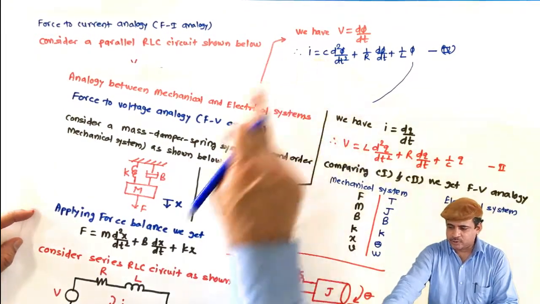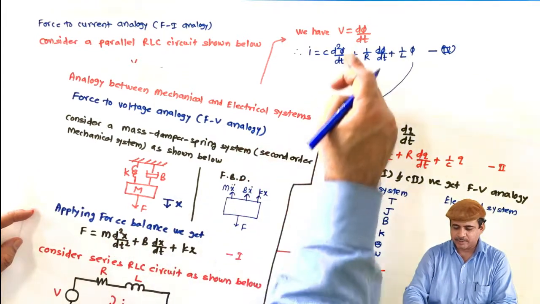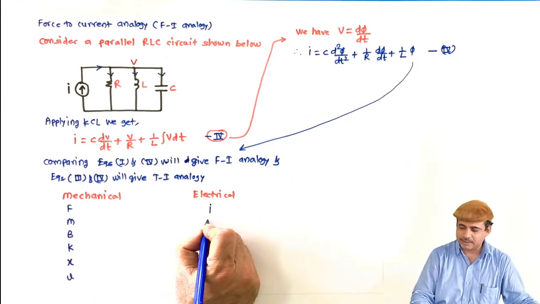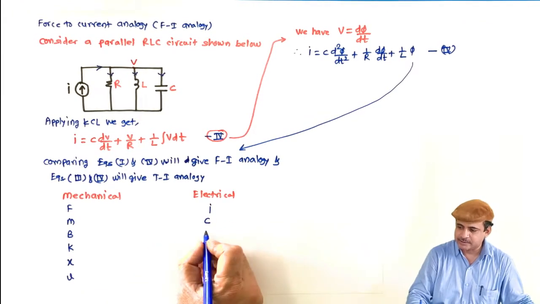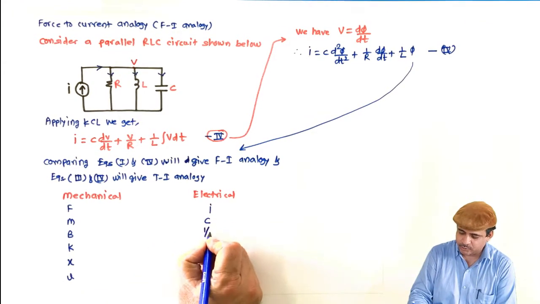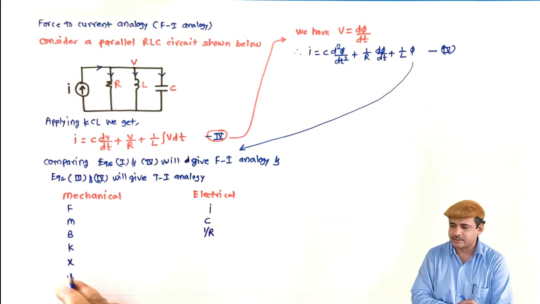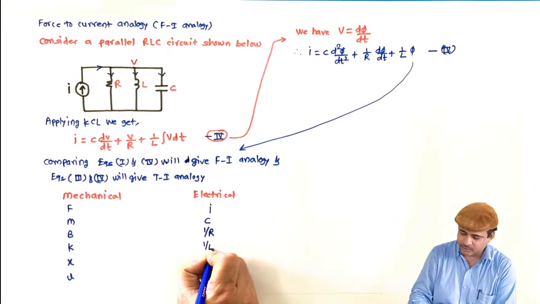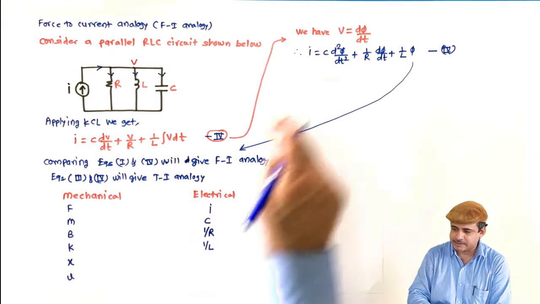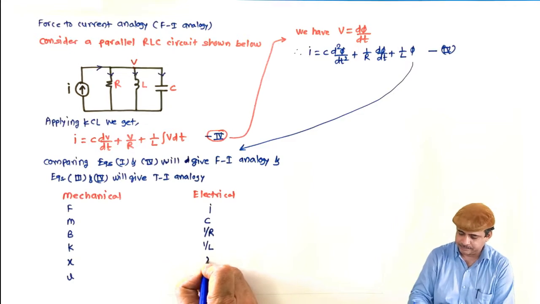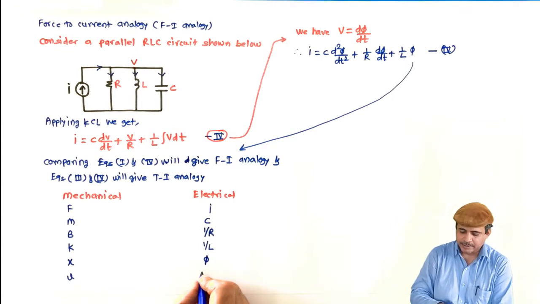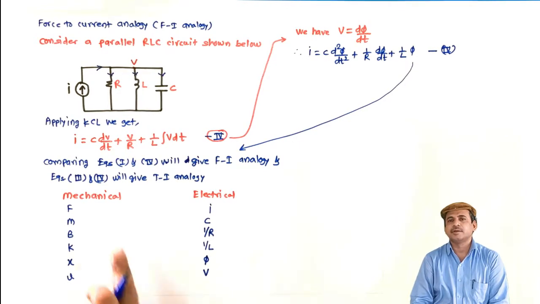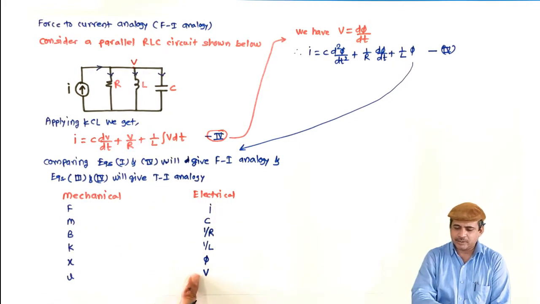M is analogous to C, because here the highest power of differential is 2, and here also it is 2. So mass is analogous to capacitance, then damper is analogous to the reciprocal of resistance, that is conductance. Spring is analogous to 1 by L, that is the reciprocal of inductance. X is analogous to flux phi, and velocity will be analogous to voltage V. So this is how the analogy is developed.